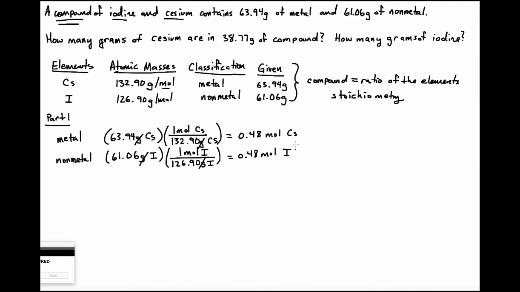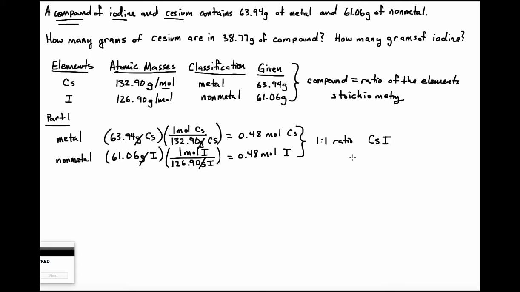So what this information is telling us, this is the ratio of cesium to iodine. You can see that for every 0.48 mole of cesium, there is 0.48 mole of iodine. So it's a 1-to-1 ratio. And the way we express the molecular formula for this compound is the metal first, followed by the non-metal.